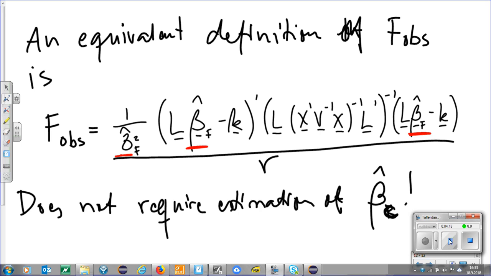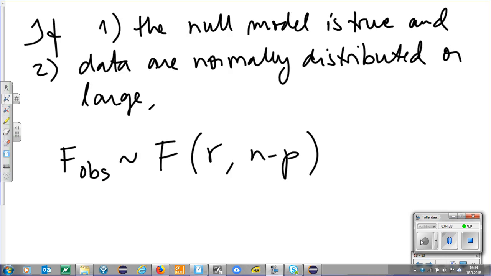And if the null model is true, and if the data are normally distributed, or just the number of observations is high, then this F-obs follows F distribution with r and n minus p degrees of freedom.